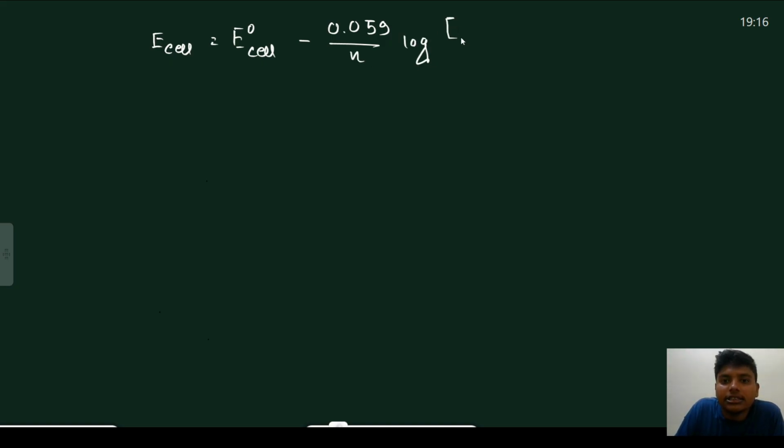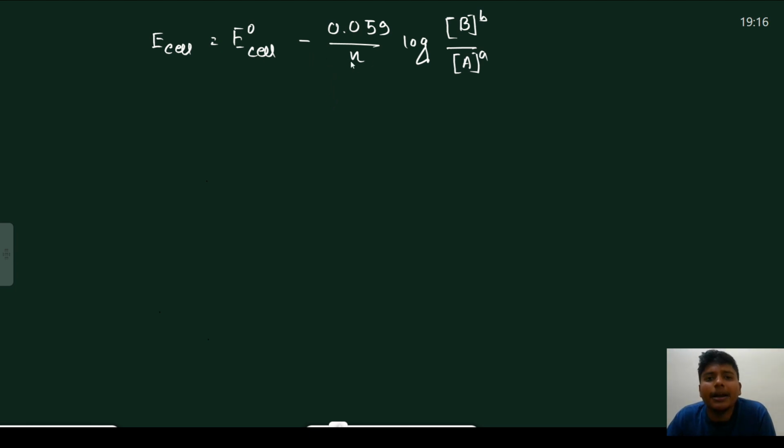If we calculate all these things, finally we will get E cell is equal to E naught cell minus 0.059 divided by N log of concentration of B to the power B and concentration of A to the power A. Okay.